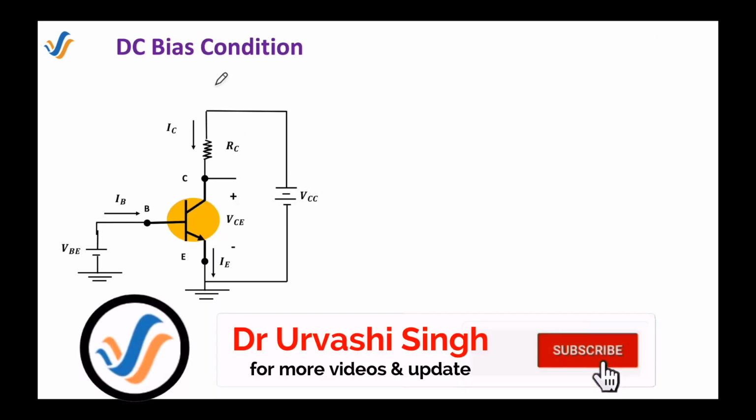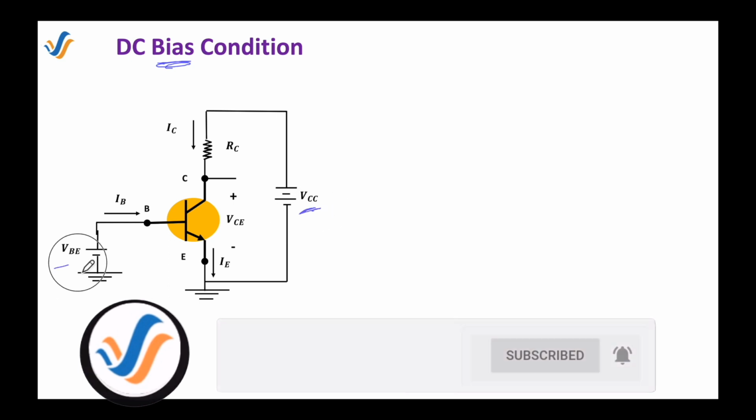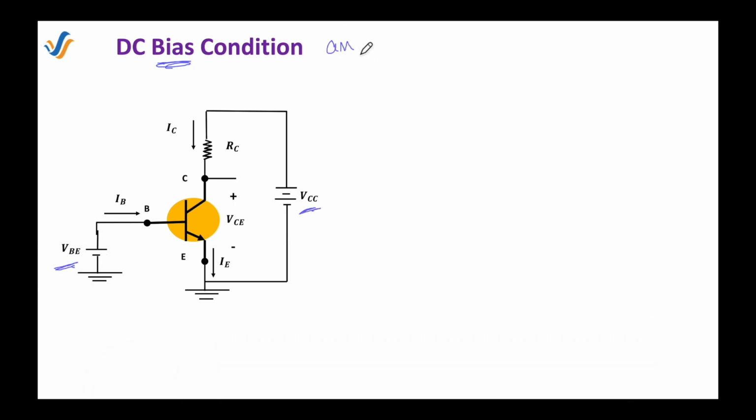So now we know that the DC supplies are used to bias the circuit. As you can see, there are two voltages, VCC and VB. For the amplification purpose, in which mode of operation do we operate this BJT? Recall it.